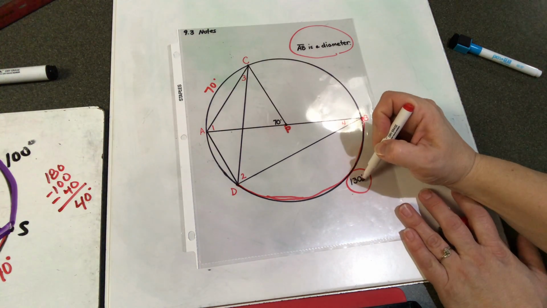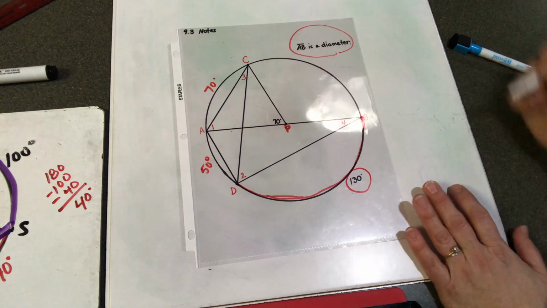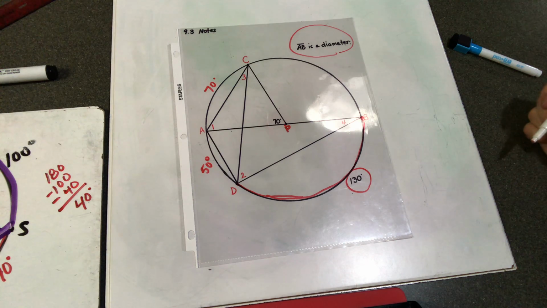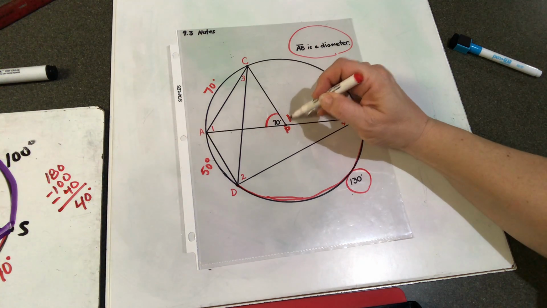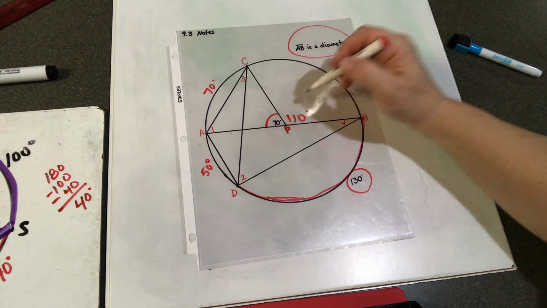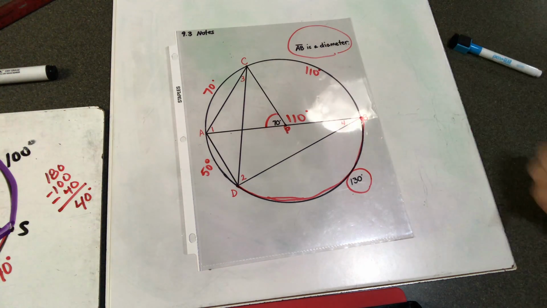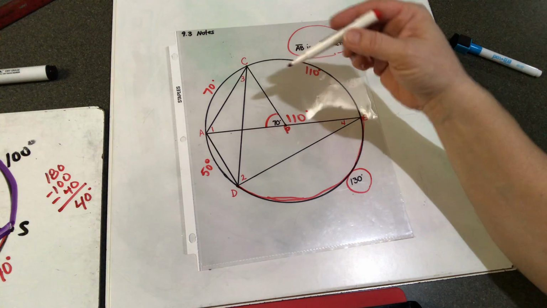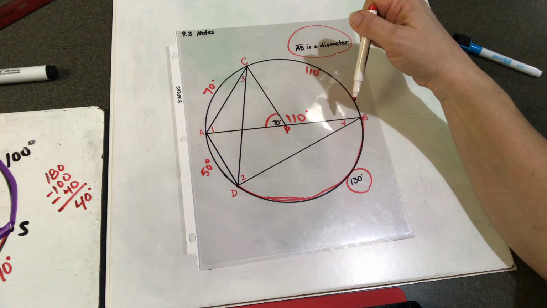So if this is 130 degrees, the other side has to be 50 because it has to total to 180. So the same thing here. If this is 70, this would be 110. Okay, so now we can take that to the outside edge of the circle. That's 110.